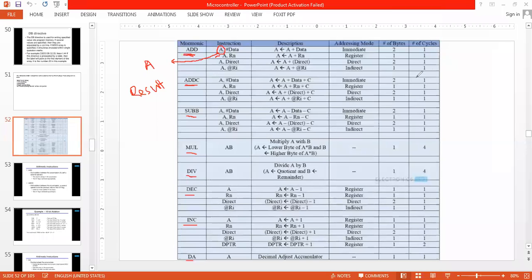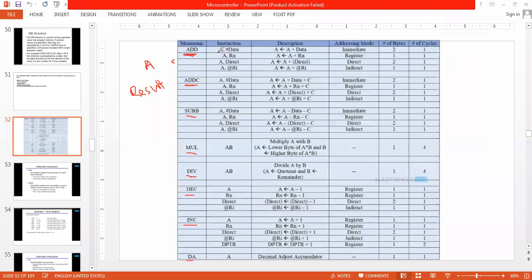Okay, so now how the ALU works upon these instructions. First of all, the ADD instruction adds two numbers.